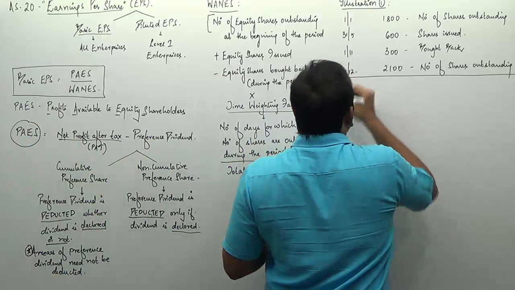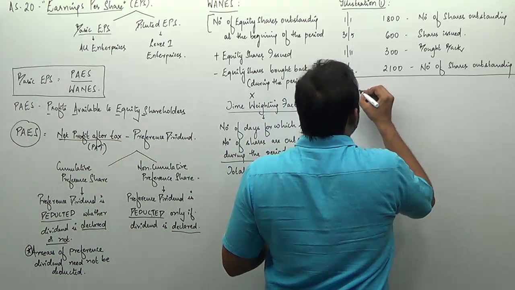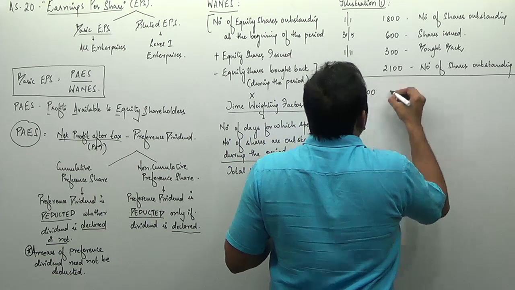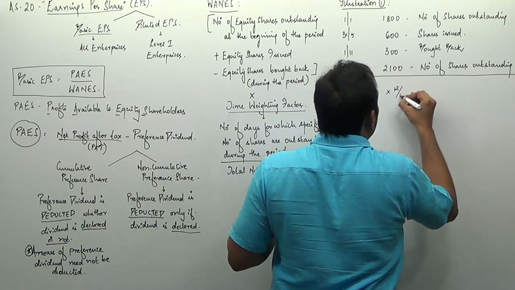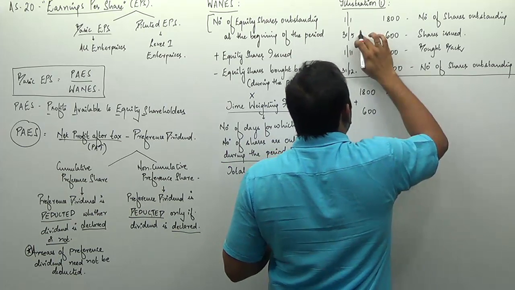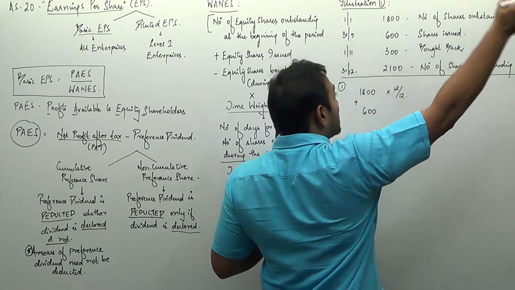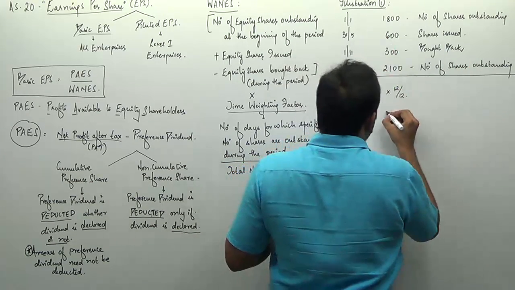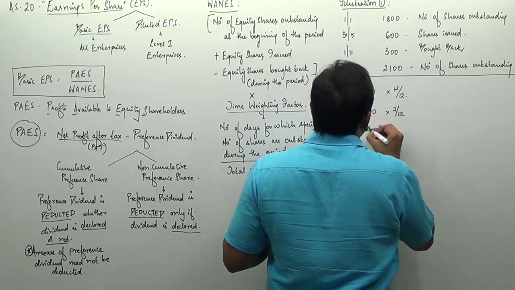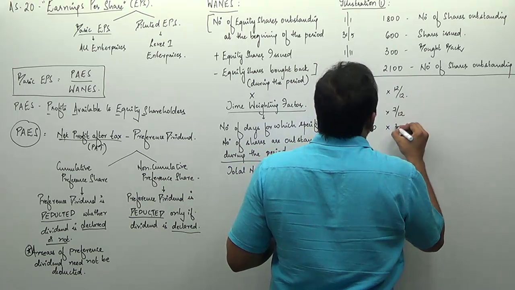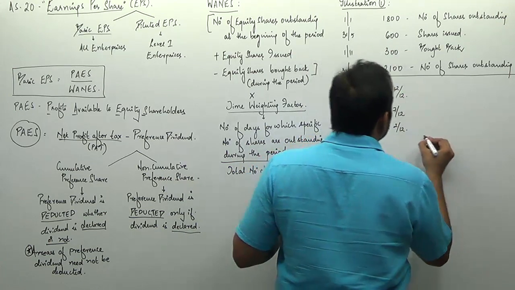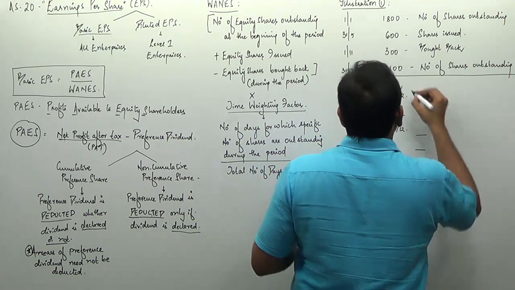Method 1 in computation of EPS is simple. 1800 multiplied by 12 by 12, then plus 600 issued on 31st May. 31st May to 31st December is 7 months, 7 by 12, minus 300 shares bought back into 2 by 12 because they were bought back on 1st November, 2 months, and this should give me the weighted average number of equity shares.